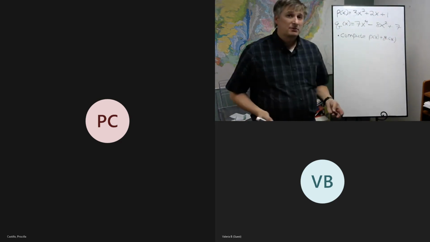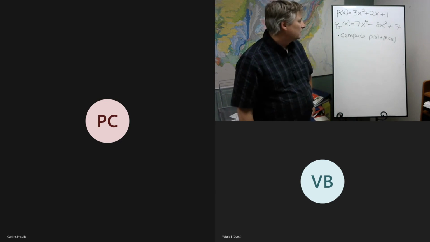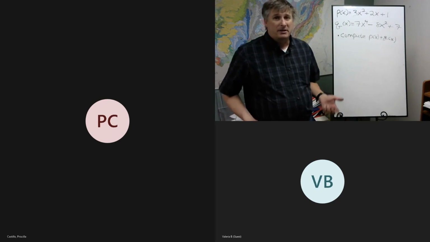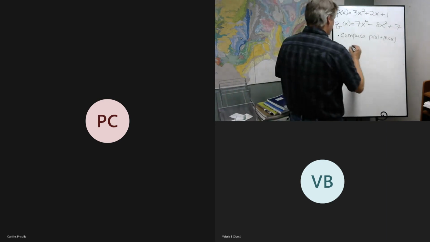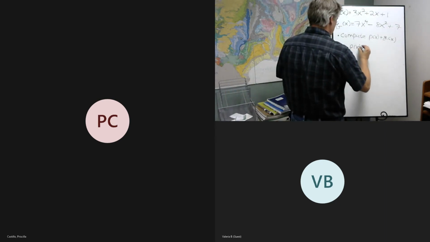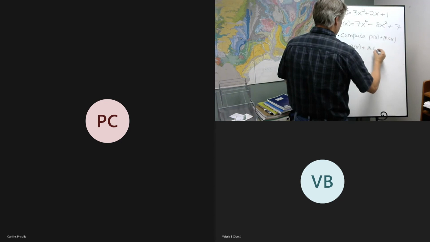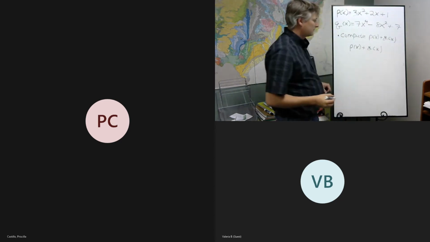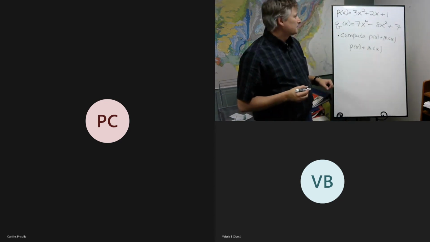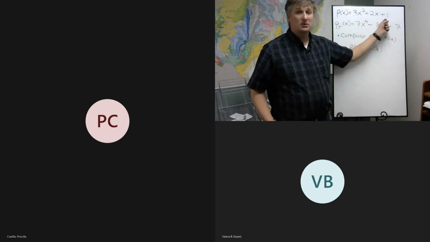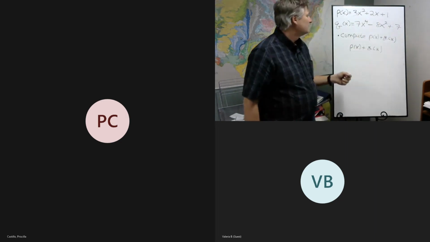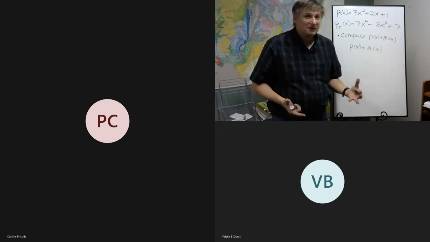So we take p of x plus q of x. Well, we start out with p of x plus q of x. I mean, that's what they told us to do. So here we are. Now we replace P of x with its alternative identity, or you could say its secret identity.